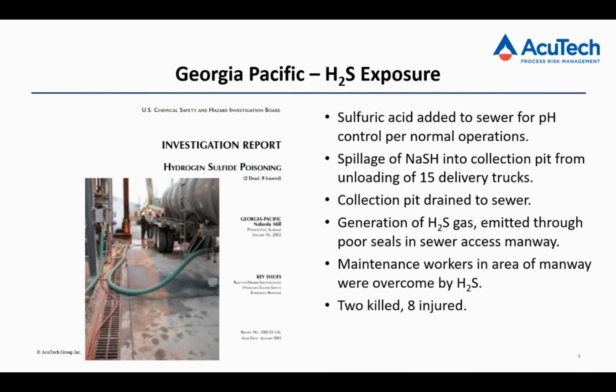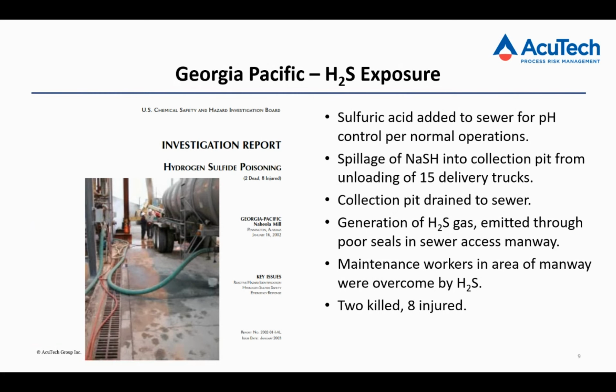Here's another event, also investigated by the Chemical Safety Board, back in 2002, at a paper mill. Sulfuric acid here was being added to a sewer for pH control. That was normal practice for them. Farther down the sewer line, the site was receiving delivery trucks with sodium hydrosulfide, or NaSH.